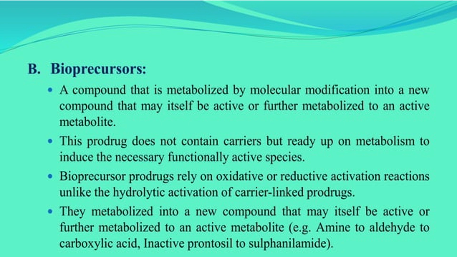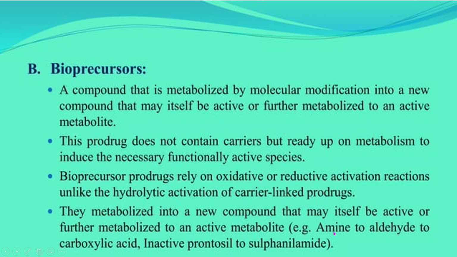For example, amine to aldehyde, aldehyde to carboxylic acid, inactive prontosil to sulfonamide. We can convert the amine functional group to aldehyde, and aldehyde through oxidation into the carboxylic acid. So these are some examples of biotransformation reactions for conversion of inactive metabolite into active.